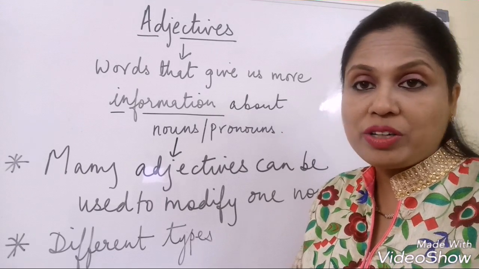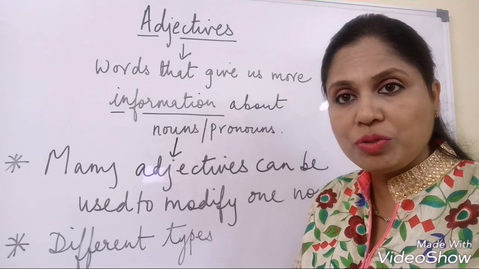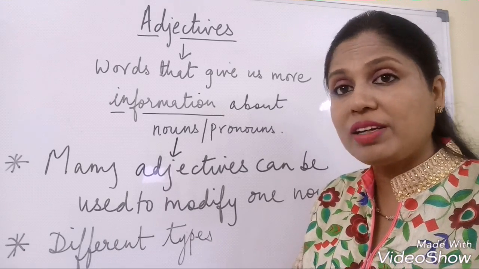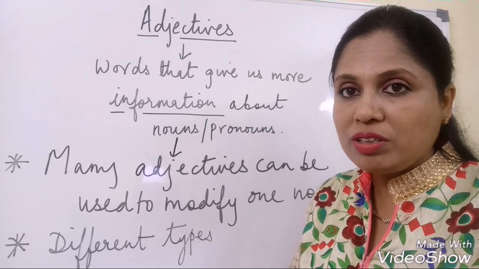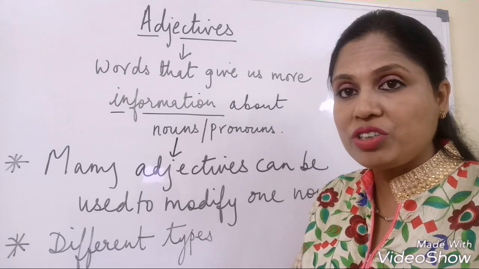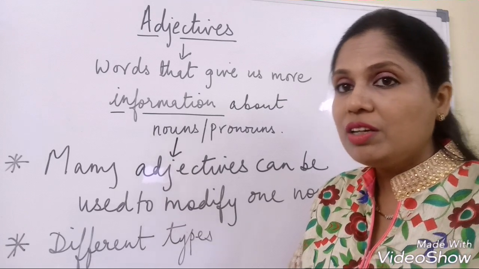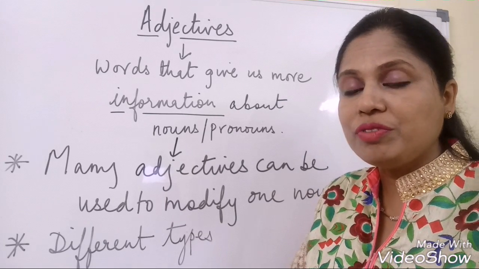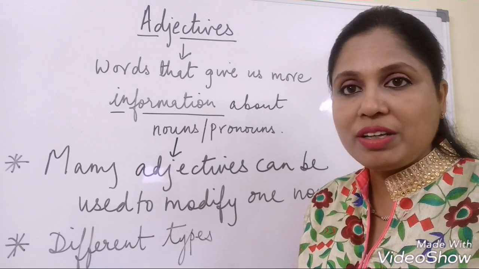Now the next question is, do I have to make use of the same type of adjective to modify a noun? Well, no, I can make use of different types of adjectives, like an adjective of quality, which tells me what kind. I can make use of an adjective of number. I can make use of a noun as an adjective. So I can make use of different types of adjectives to modify the same noun.